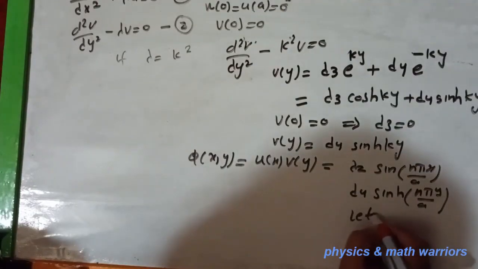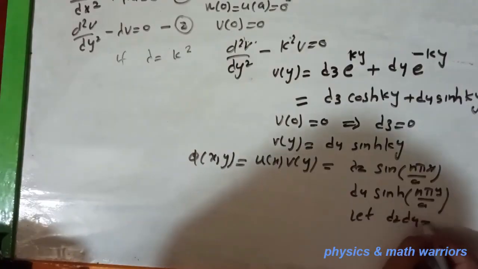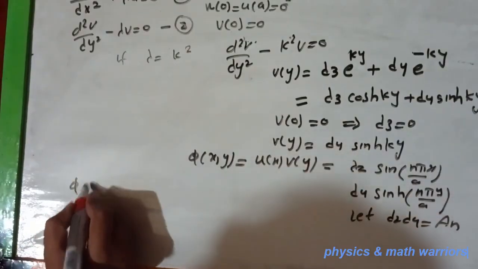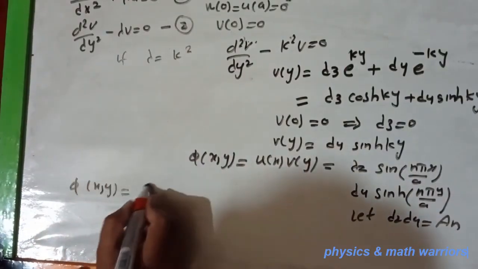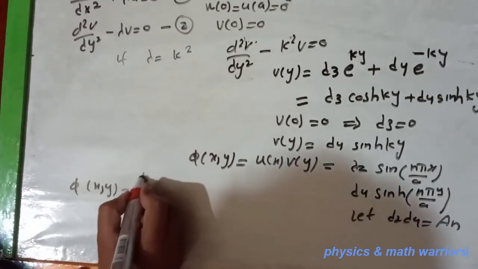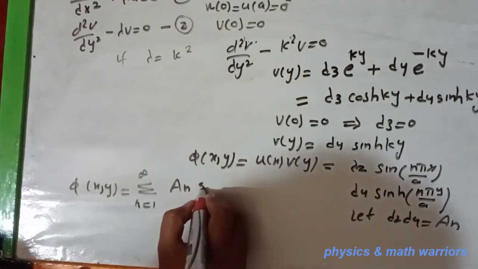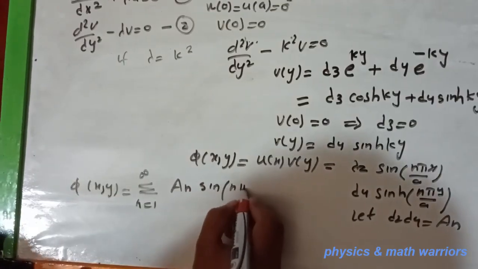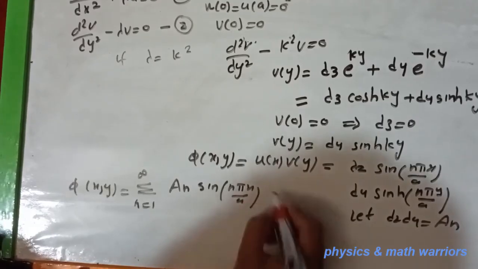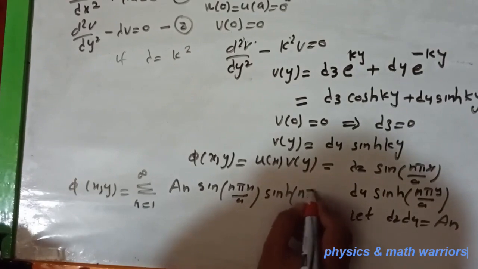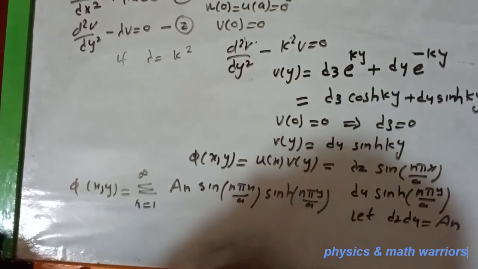So let d2 d4 is equal to a n. So by superposition principle, phi of x and y is equal to summation n is equal to 1 to infinity a n sin n pi x over a sinh n pi y over a.